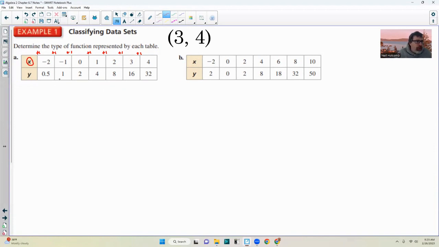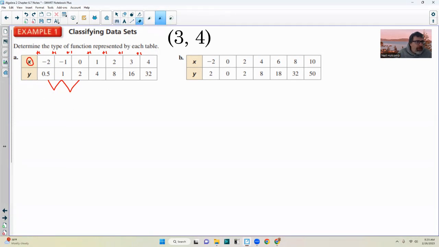And then you look at your y's. Well, what did I do to get from a half to 1? It was an increase by a half. Okay, so 1/2 plus 1/2 is 1. So if I put plus, don't write this yet, I'm just checking. Then if I do 1 plus 1/2, I'm going to be at 1.5. So that's not what's happening here.